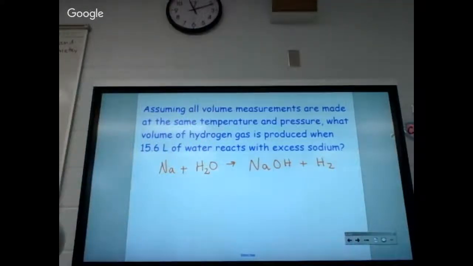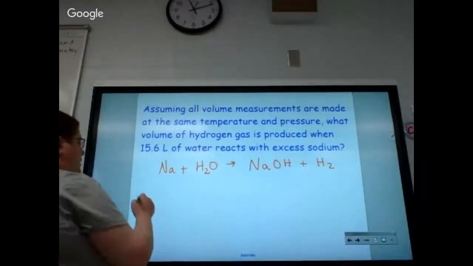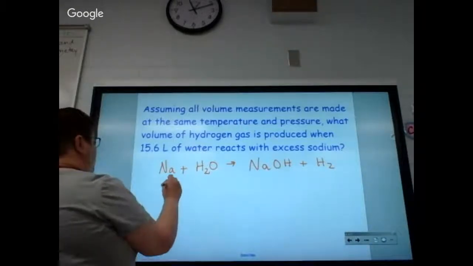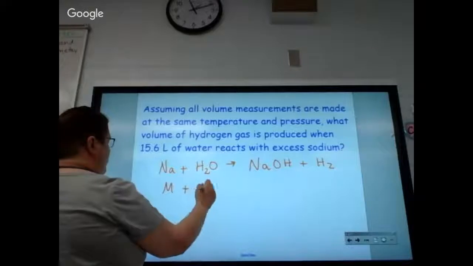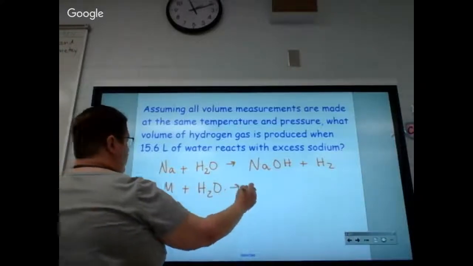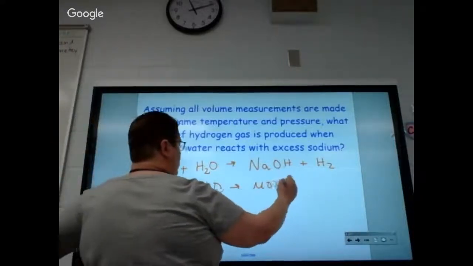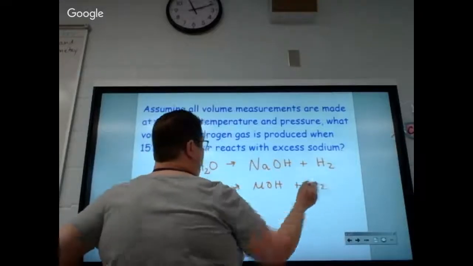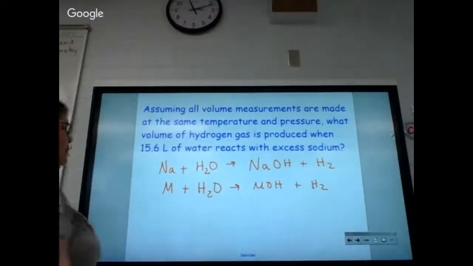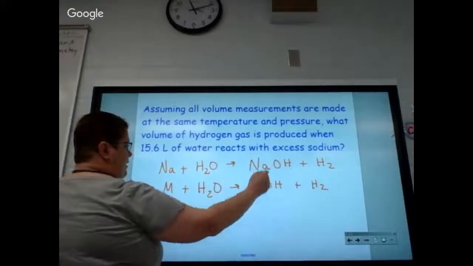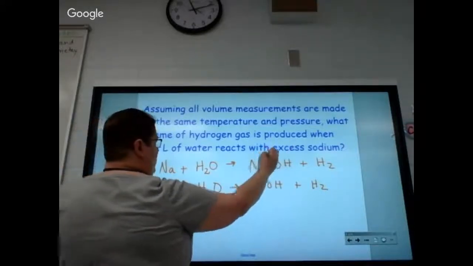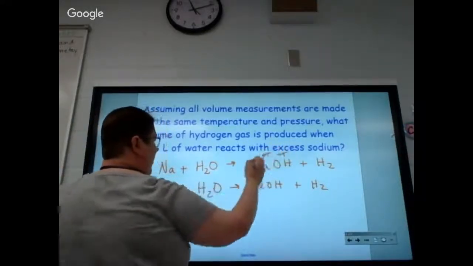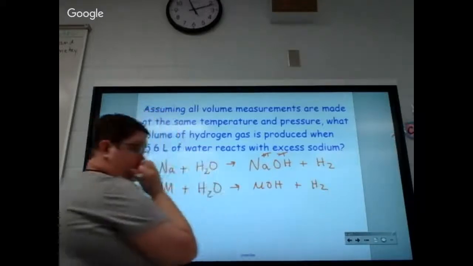All right, in single displacement, if you look under single displacement, you have M plus H2O, and you get MOH plus H2 on your reference table. So I put M is Na, and then OH. I'd add a +1 and a -1, so they cancel out, and then H2.